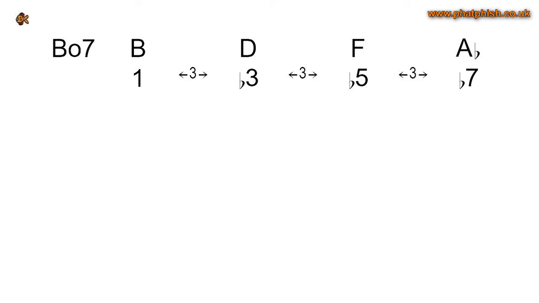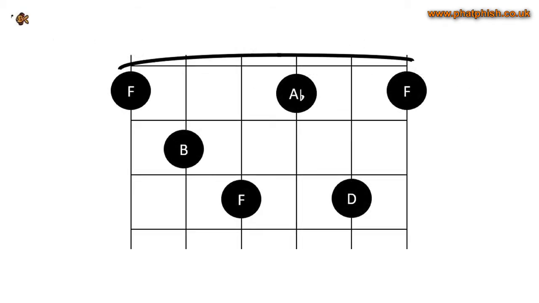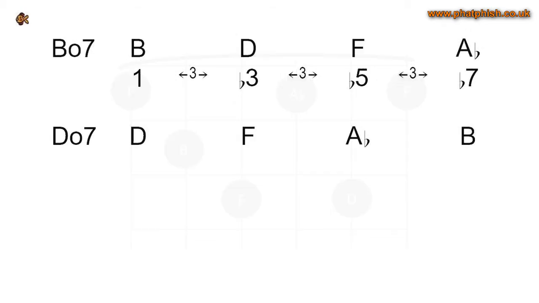That means if you played a chord shape like this, let's look at a B diminished chord, B, D, F, A flat. That chord there is a B diminished chord. B is the root note. We've got a D, an F and an A flat. But you could say that that shape works as a D diminished chord because we've got a D, an F, an A flat and a B. Those are the notes of a D diminished chord.